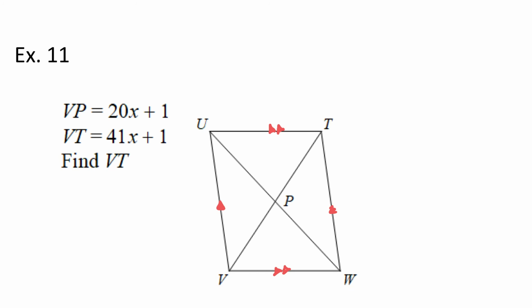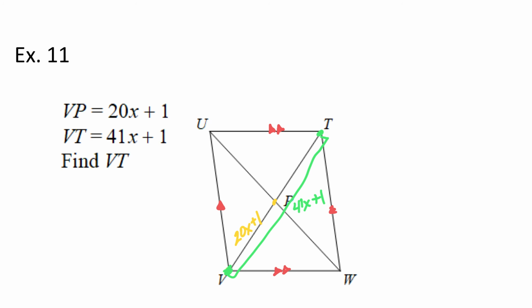And our last example for today. We are told that VP has a measurement of 20x plus 1. And then we're told that VT, long segment, has a value of 41x plus 1.